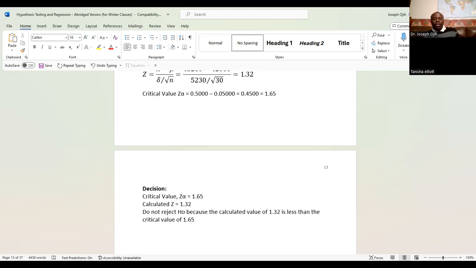So our answer, which is the calculated value, is less than the critical value. So we don't reject H0.